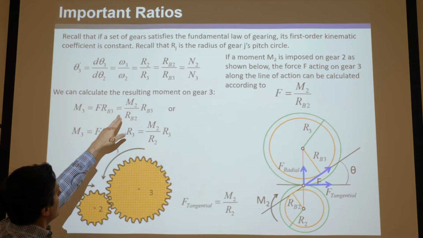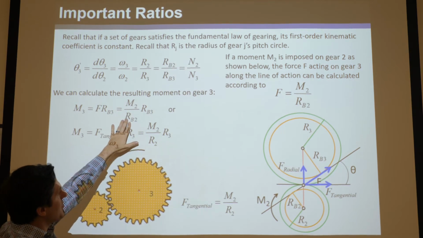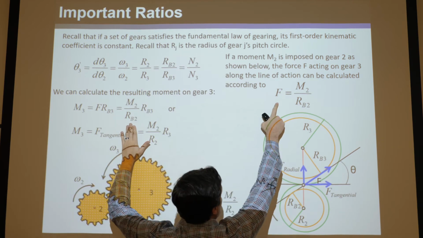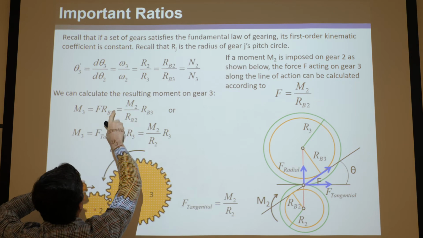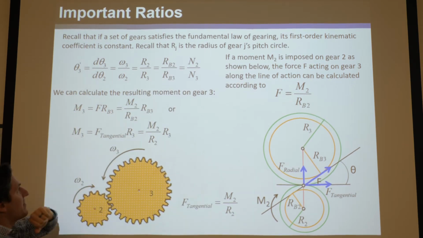Then you could take M2 divided by RB2, which is right here. Remember, we showed that F equals M2 divided by RB2. Plug that in for F, and you times that by RB3. So you have this equals that. Hopefully I've convinced you of that.